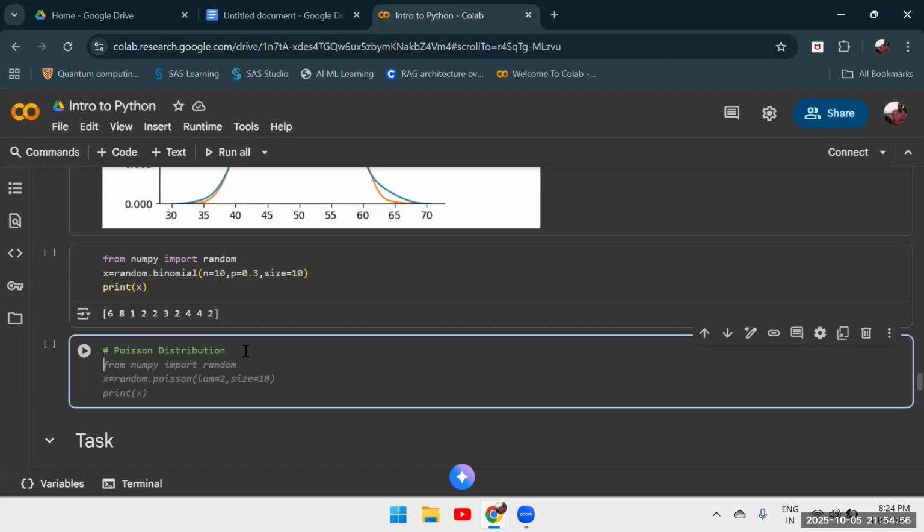Estimation. It is basically going to tell us the probability of a particular distribution at a given point of time, right? So at a given point of time, what is going to be the distribution is what we'll be seeing in a Poisson distribution.